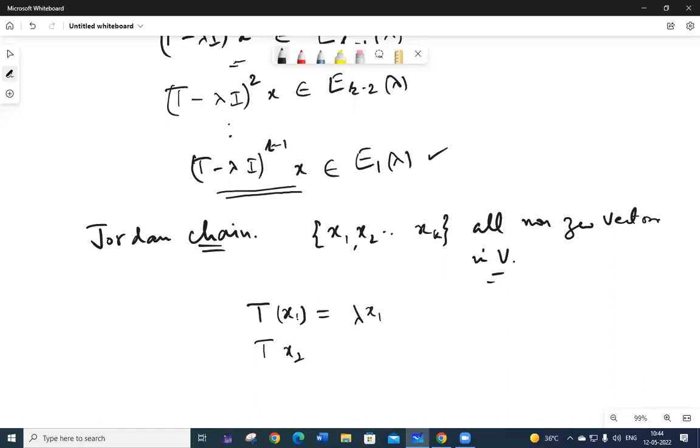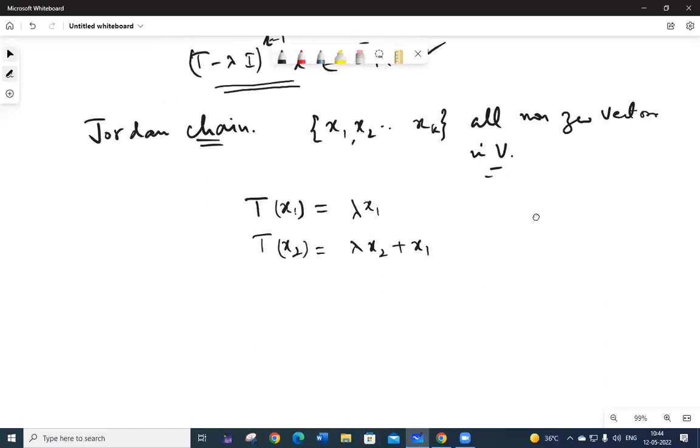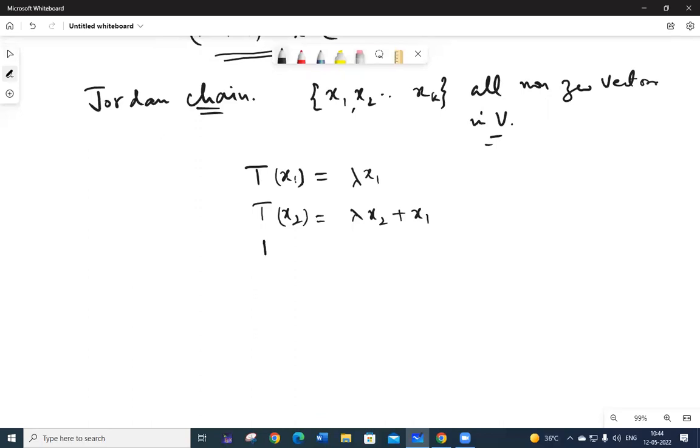T of x2 is lambda times x2 plus x1. T of x3 is lambda x3 plus x2, and so on. T of xk is lambda xk plus xk minus 1.